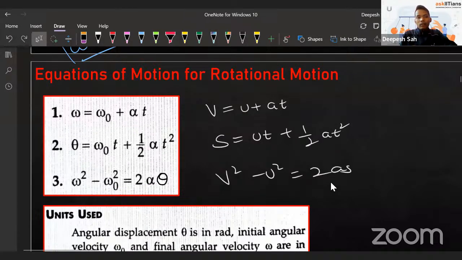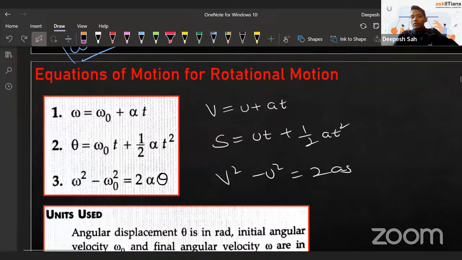That is, the final angular velocity is the initial angular velocity plus alpha into t. Then the displacement covered by the body becomes angular displacement, and so on with angular velocity and angular acceleration. Exactly, the three equations can be converted like this.